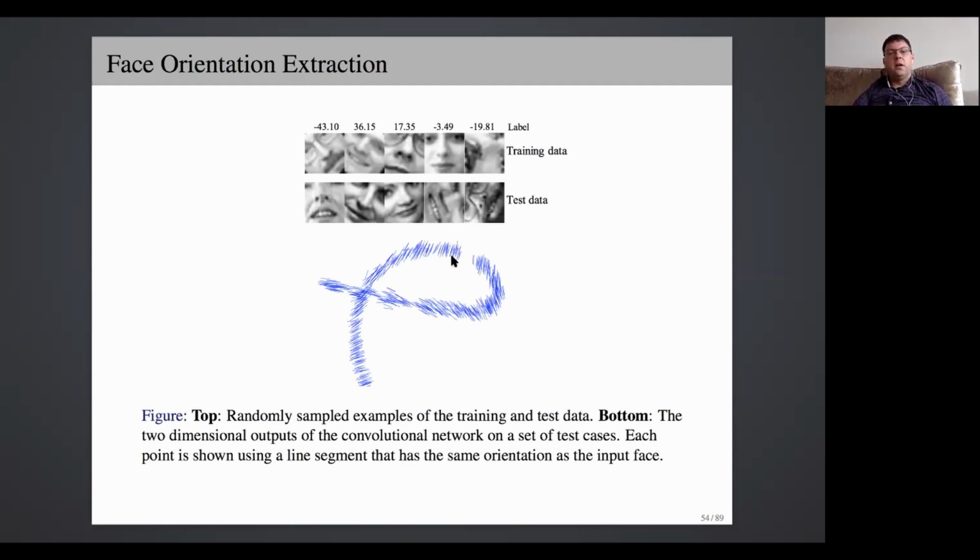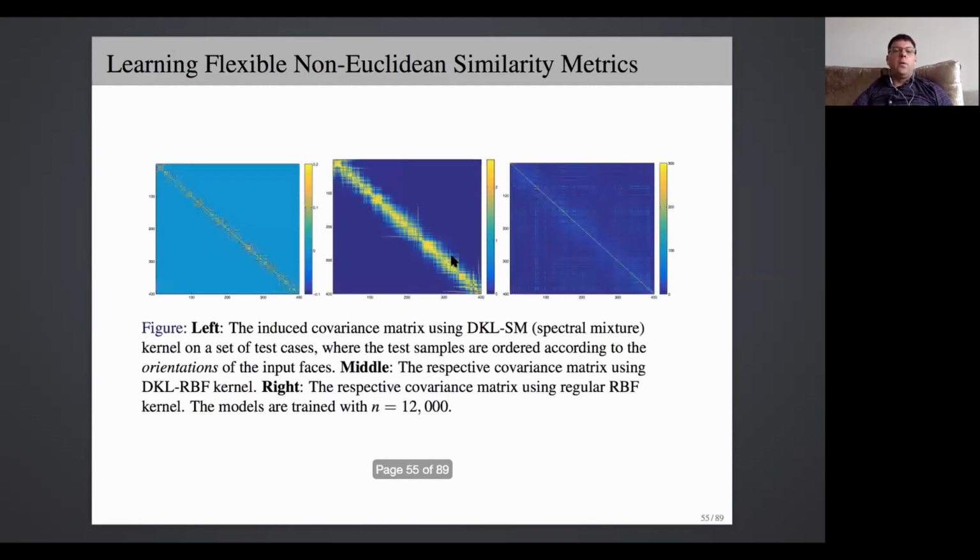So this is really non-Euclidean metric learning. We can also see this when we evaluate the entries of these deep kernel matrices in the left 2 panels, ordering the faces by orientation angles. Here we see a pronounced diagonal band, which shows that the model has learned that faces with similar orientation angles have higher covariance.